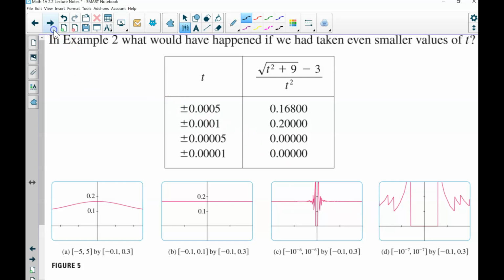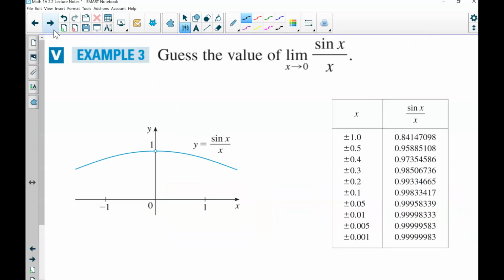Okay, let's take a look at another example here. We want to be able to guess the value of the limit as x approaches 0 of the function sine of x over x. Again, we can put this function into our calculator like we did in the previous example.